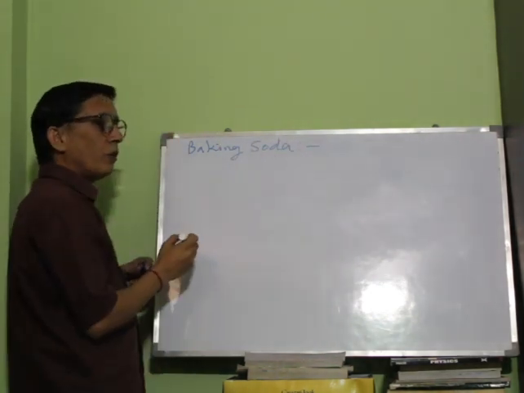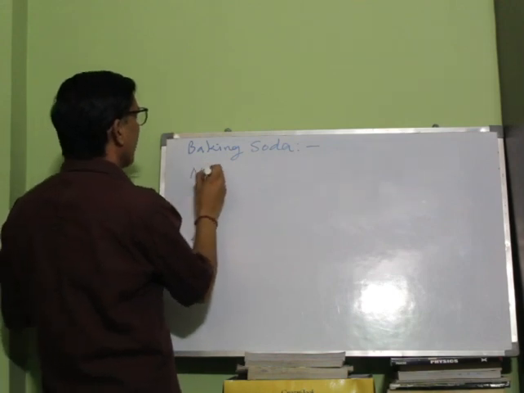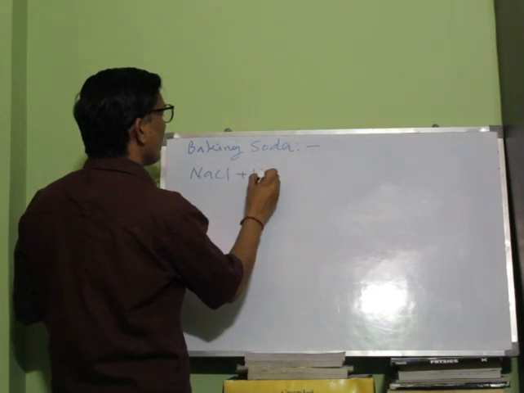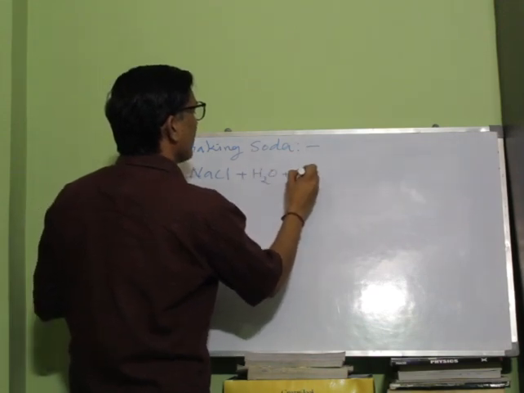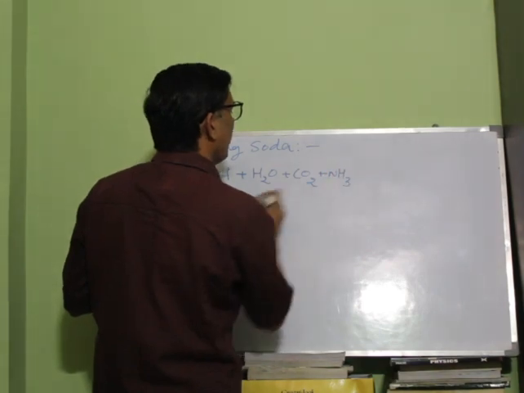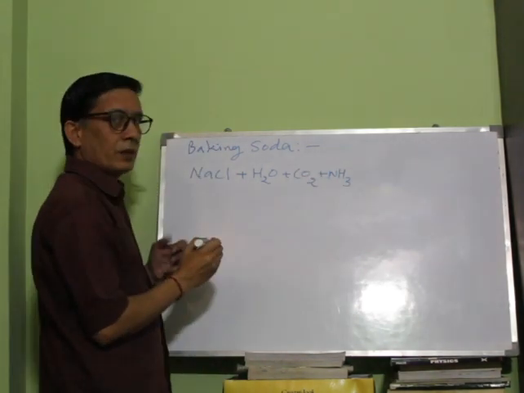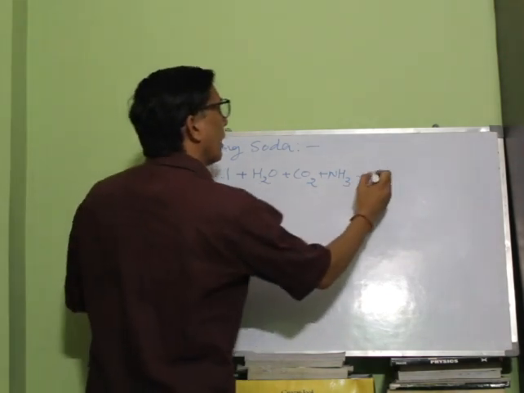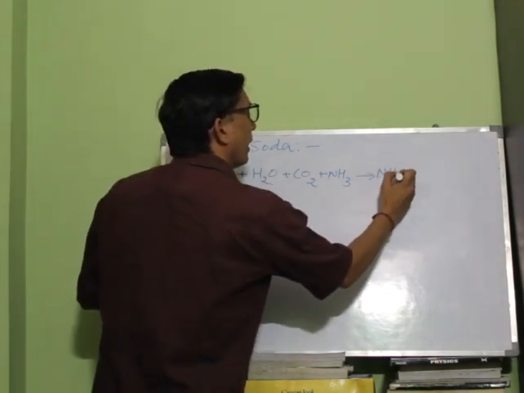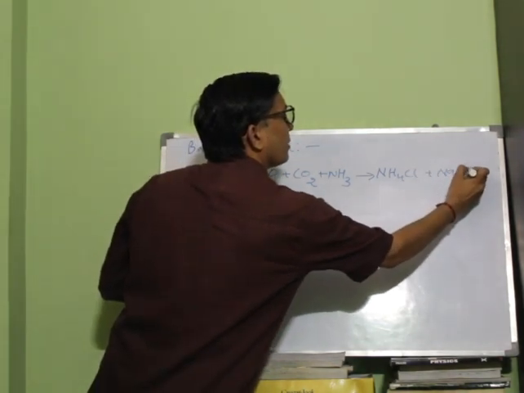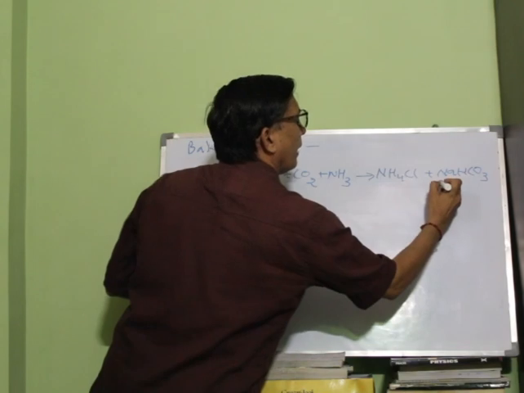Now, baking soda is also formed with the help of sodium chloride. When sodium chloride, water, carbon dioxide and ammonia, four things, are reacted together, then two products are formed, NH4Cl and NaHCO3.